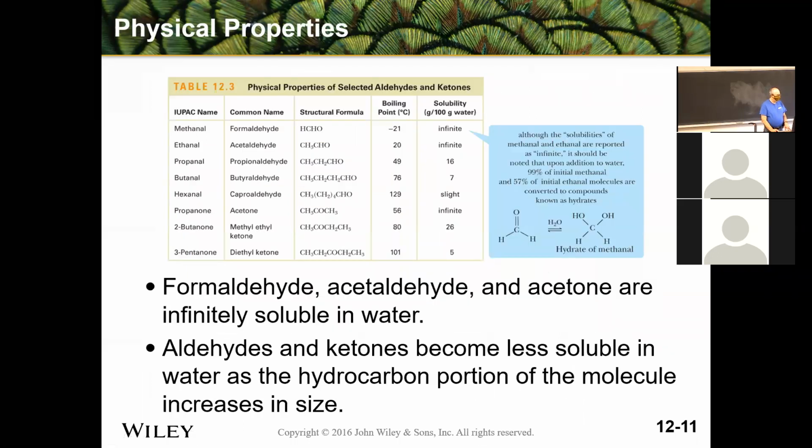Because of the large dipole moment of the carbonyl and the ability to accept hydrogen bonds, lower molecular weight aldehydes and ketones are highly soluble in water. As the size of the alkyl group increases, solubility goes down.